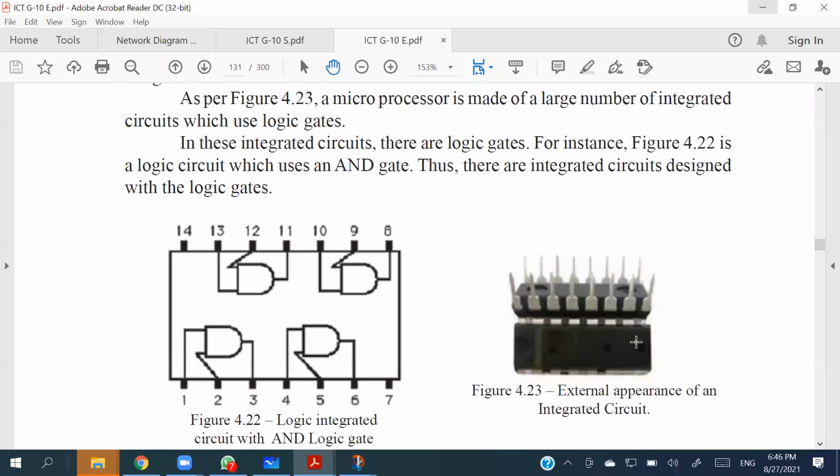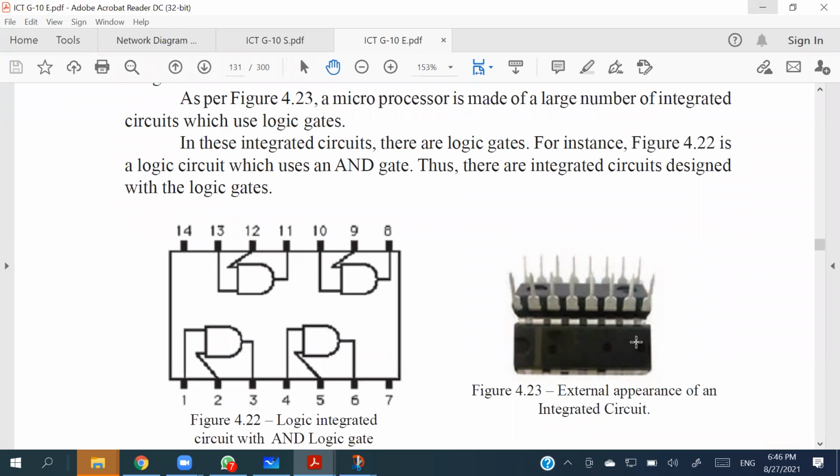So you can see the picture of an integrated circuit. Now it's not a very clear picture, which is not a nice way of presentation, right? Anyway, this kind of chip which we can fix onto the circuit boards is called an integrated circuit.